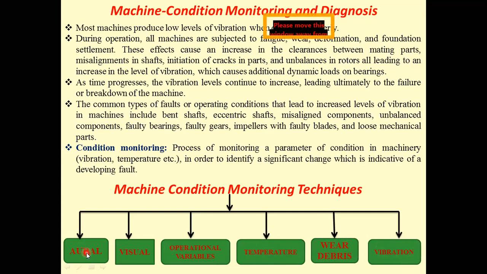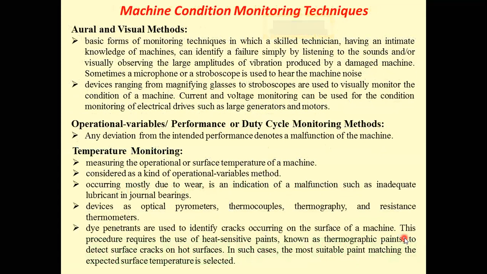So first is aural or visual, second is operational variable, third is temperature, fourth is wear debris, and fifth is vibration. So we are starting with our first technique, that is the aural or visual method.